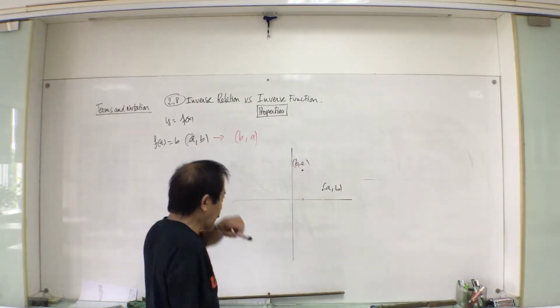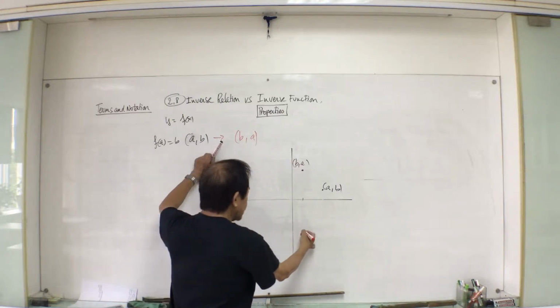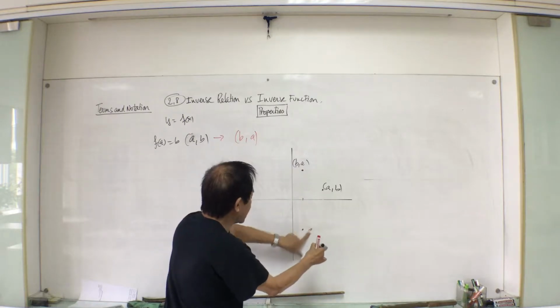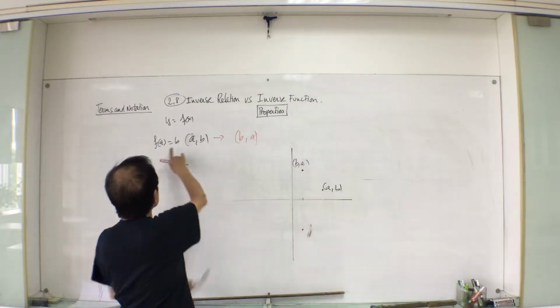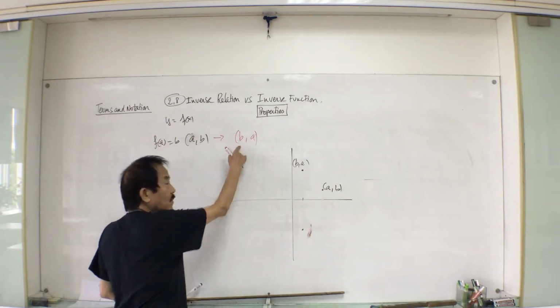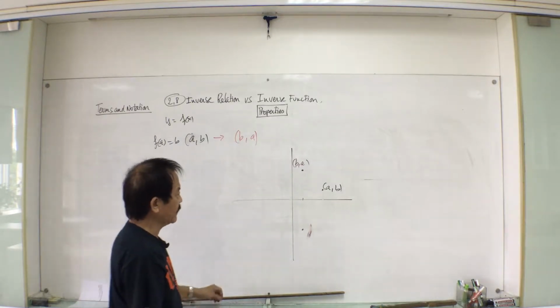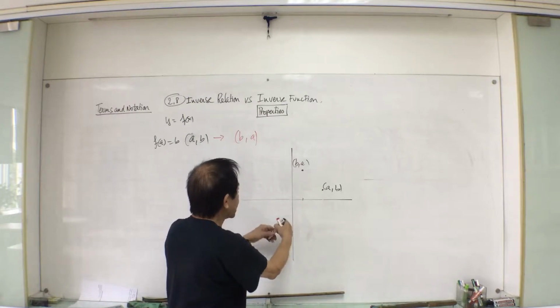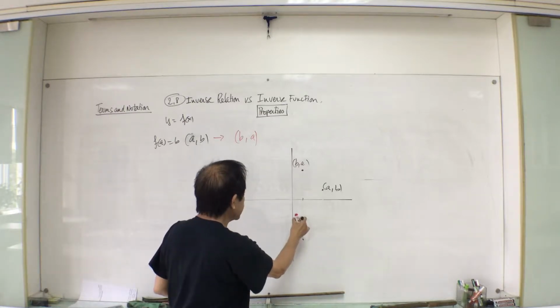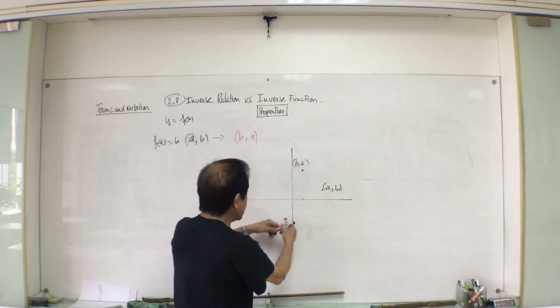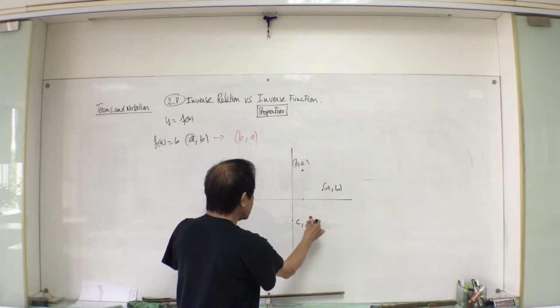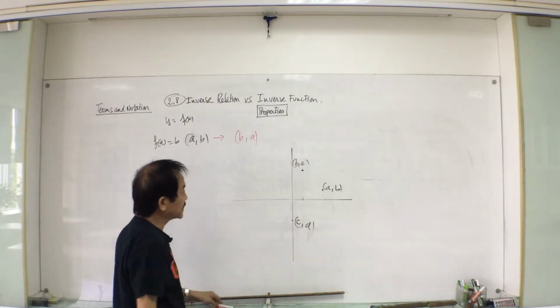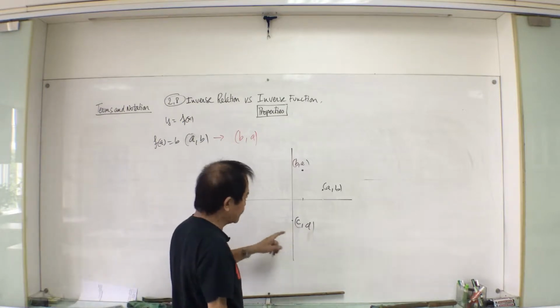So what else? Let me find something. For example, if you have the point (c, d) here, the black one is on f of x, and the red one is on the inverse of f of x. So let's put it like this right here. The inverse of (c, d) becomes (d, c).